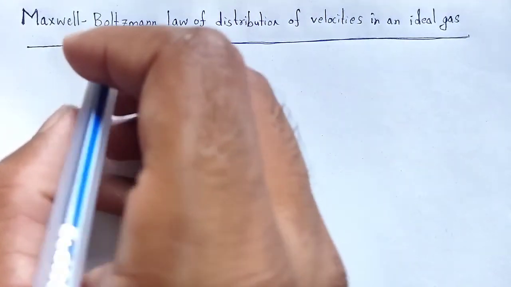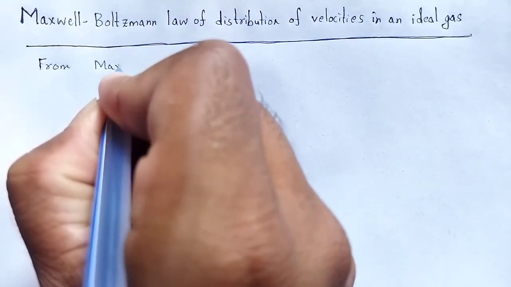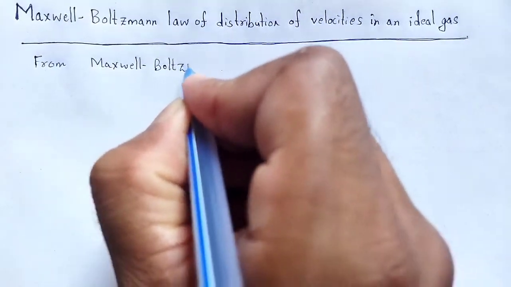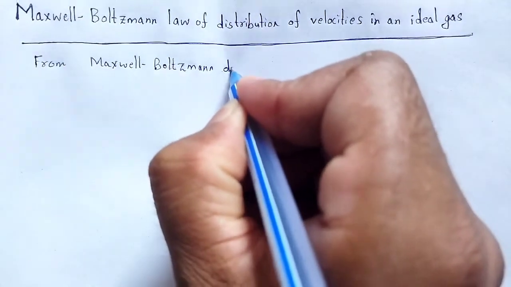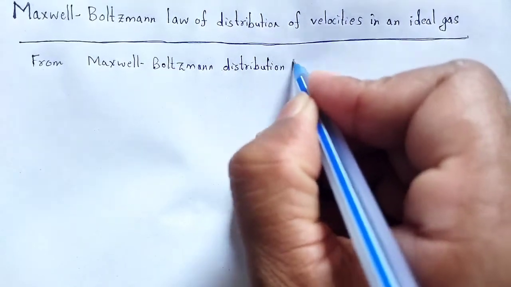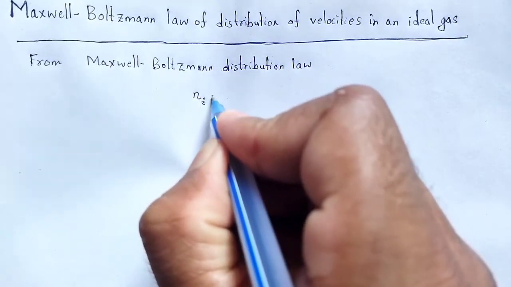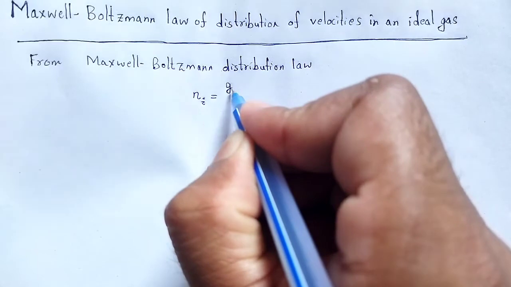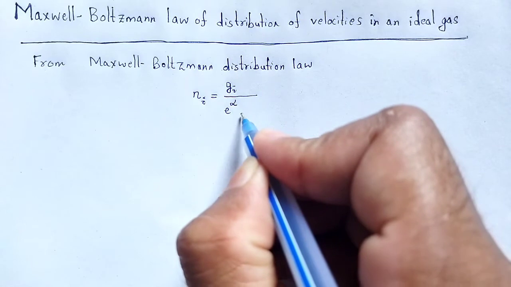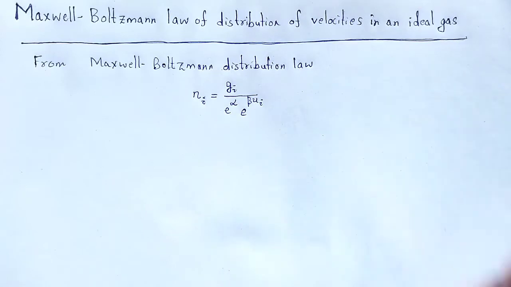What is that Maxwell-Boltzmann distribution law? From Maxwell-Boltzmann distribution law, or distribution law of energy, Ni is equal to Gi divided by e to the power alpha, e to the power beta ui.